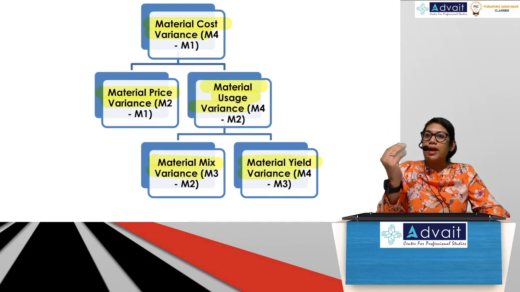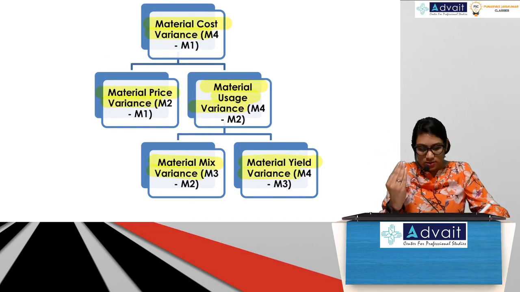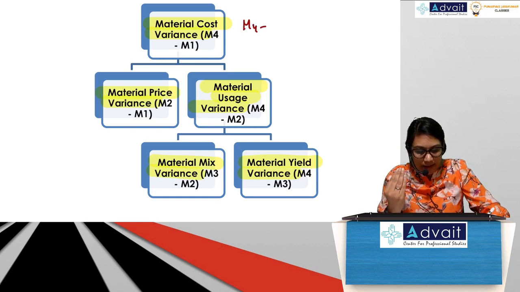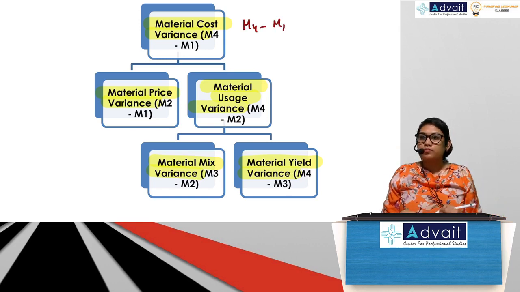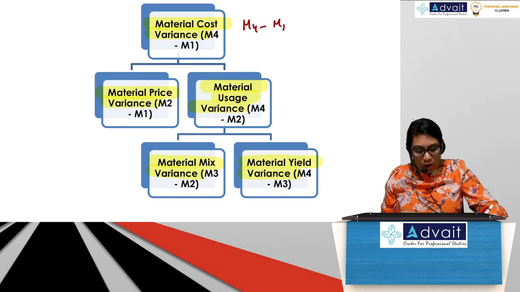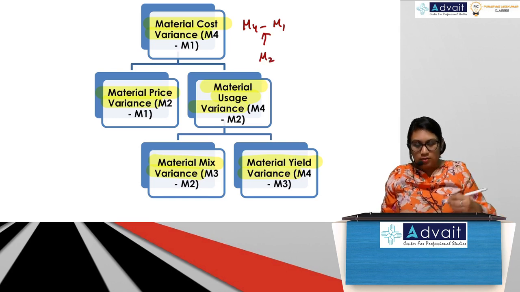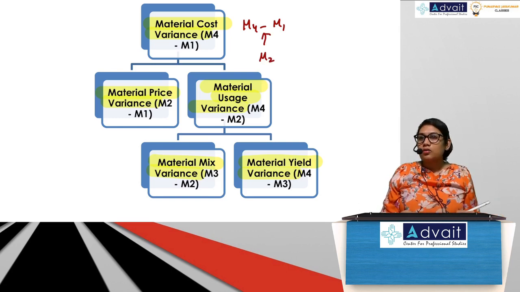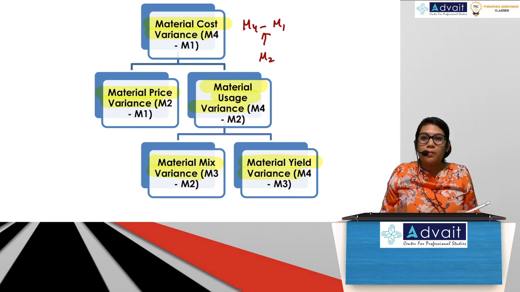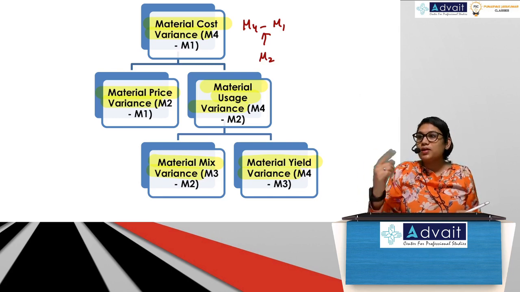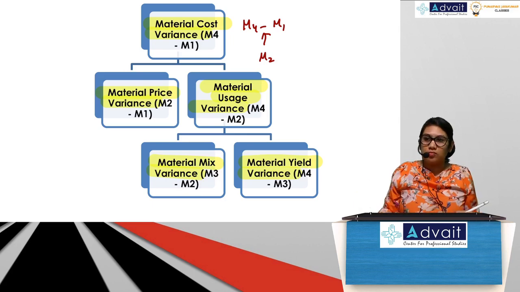M1, M2, M3, M4. Biggest minus smallest. M4 minus M1 gives us material cost variance. Now M2 will join. So it's always big minus small. Please remember that. M4 minus M1, not M1 minus M4.